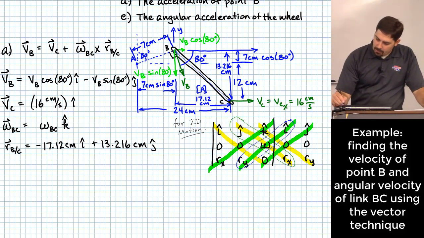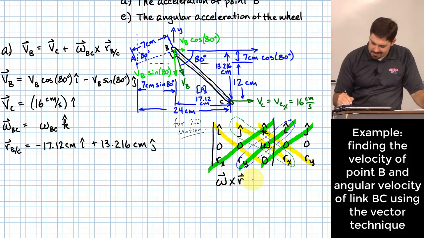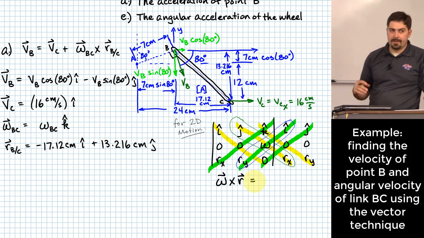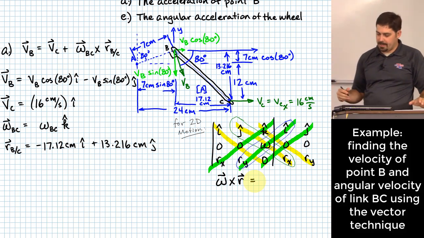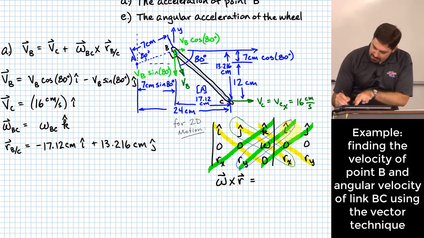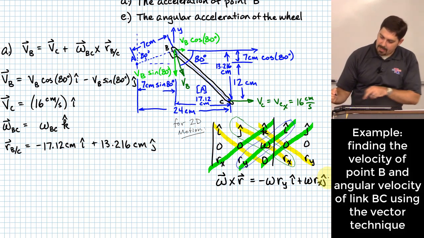Okay? And so what we find here is that for 2D stuff, if you're going to take an omega crossed with r, and this is if you're dealing with your standard x and y planar motion where z is the one that's out of the plane, then what you're going to see there is that you will have minus omega ry i plus omega rx j.